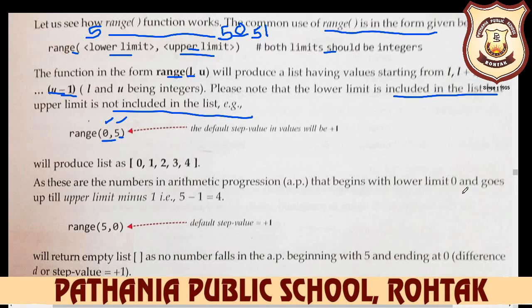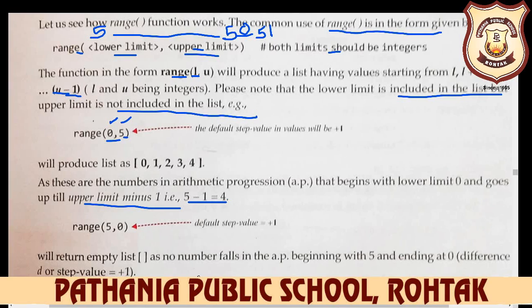If you want to display the counting 0 to 10, then the maximum is 10, so we take 0 comma 11, then it displays 0 1 2 3 4 5 6 7 8 9 and 10. But if you write 0 to 10, then only 0 to 9 counting will be displayed.